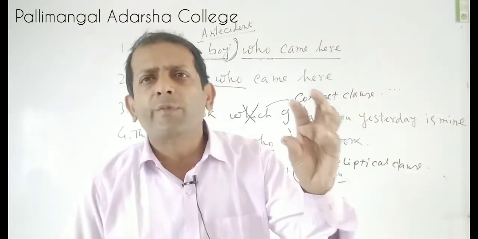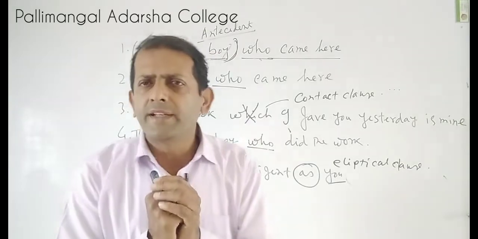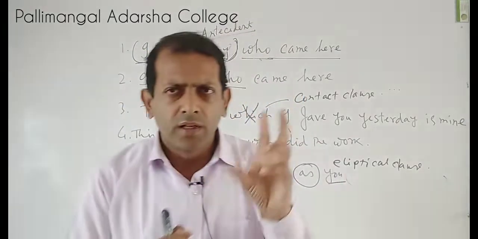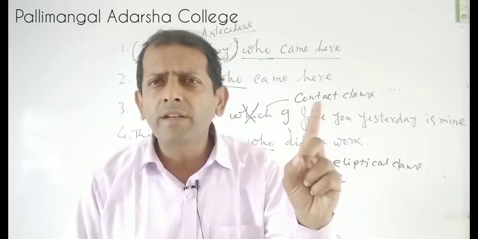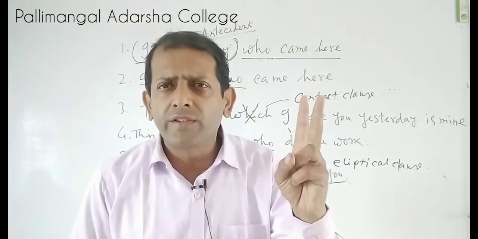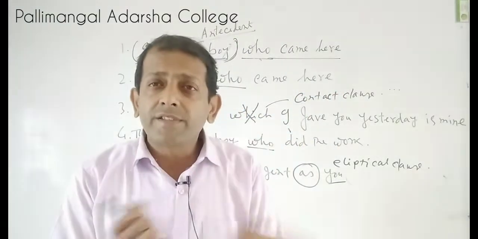And what is our topic of discussion? The main focus of the discussion will be the subordinate clause, because the subordinate clause can be divided into three types. One is noun clause, number two is adjective clause, and number three is adverbial clause.